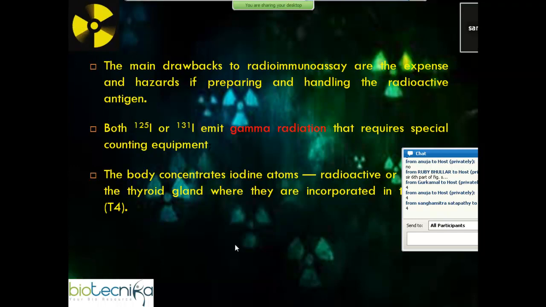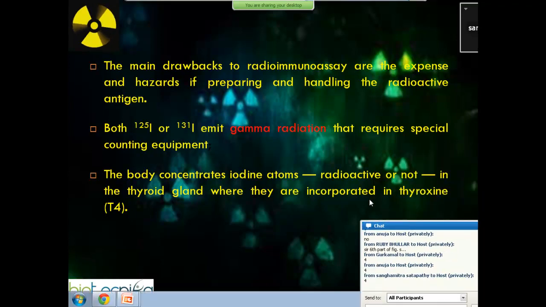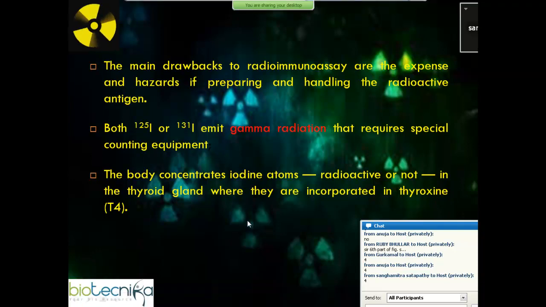If you use a radioactive element, for example, to check the data I need a Geiger counter or scintillation counter, because it is gamma radiation and can be cancerous. So many problems are there, so mostly till now people use it for thyroxine, the thyroid work. That is all about RIA and its application.